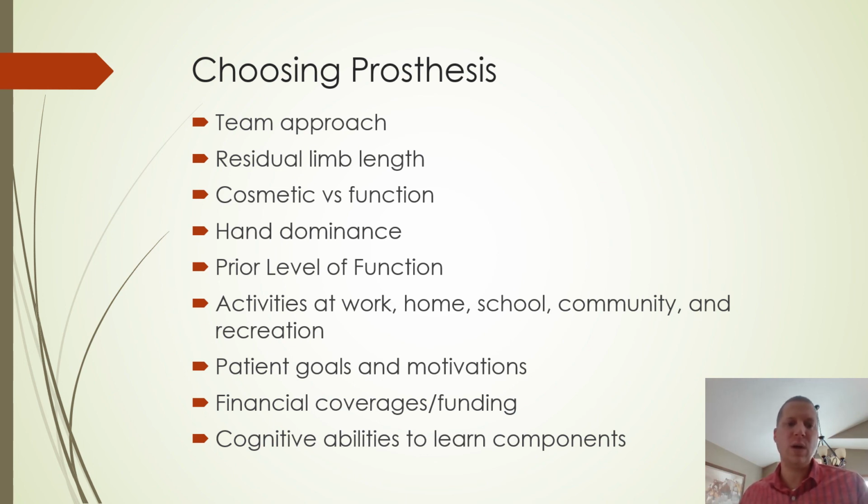Considering what his daily occupations are and what he needs it for, and what he was doing before, certainly we want a prosthesis that will help them do what they were once doing. Again, maybe activities at work, home, school, community, and certainly for recreation as well.